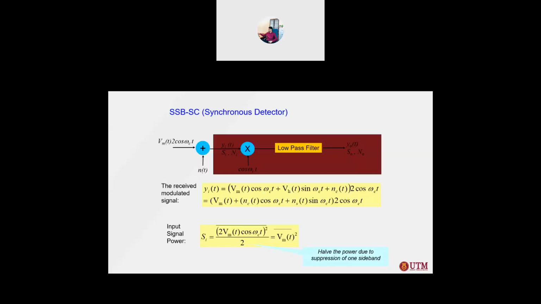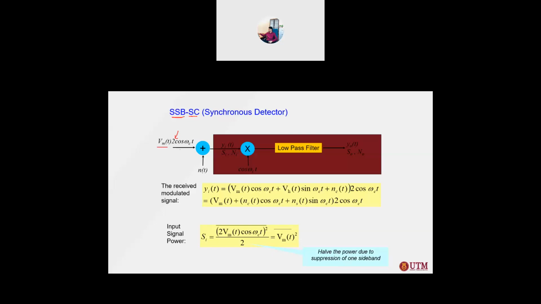Now, this one is not yet. Now is single sideband suppressed carrier. So you can see the difference. For the single sideband suppressed carrier, you don't have the square root. You only have Vm(t), and instead of square root, you have 2. This is one of the reasons, very obvious, to make the calculation easier.